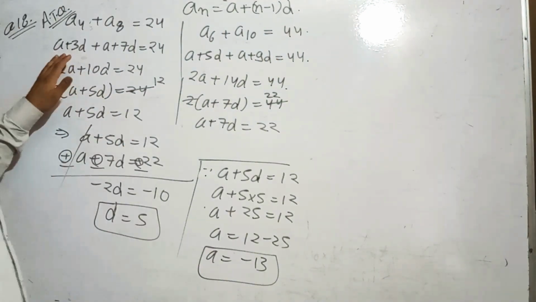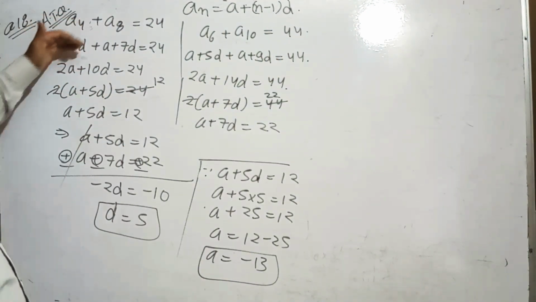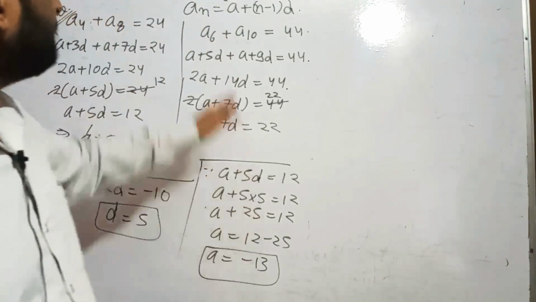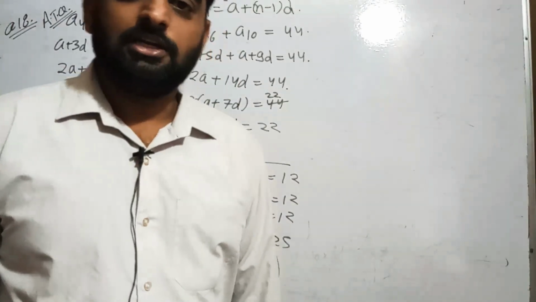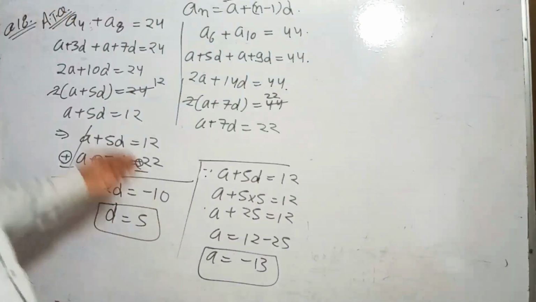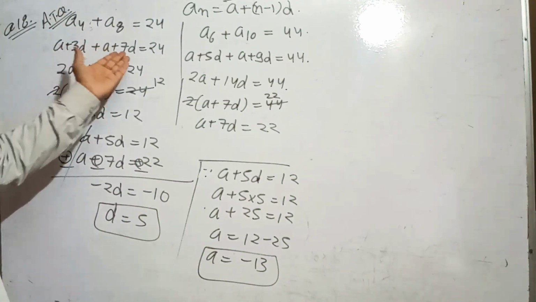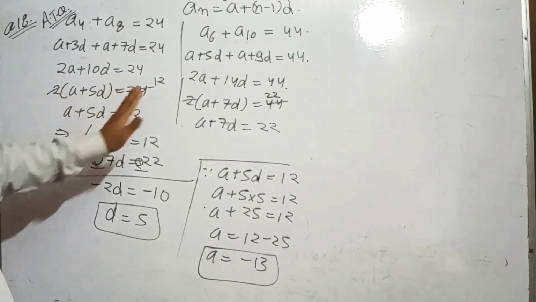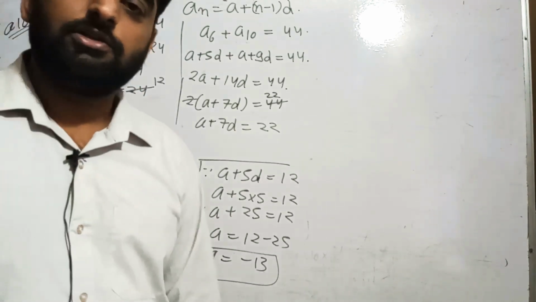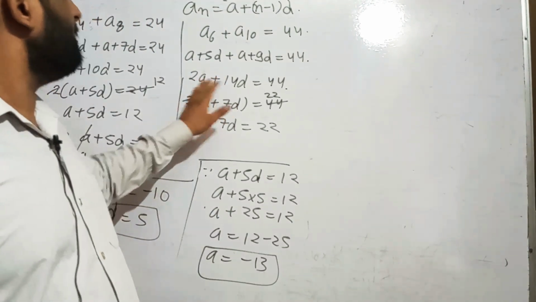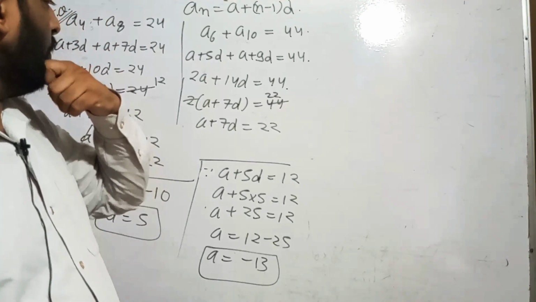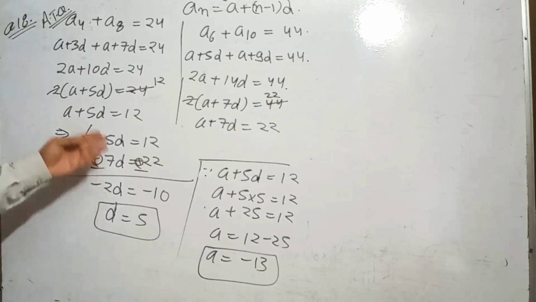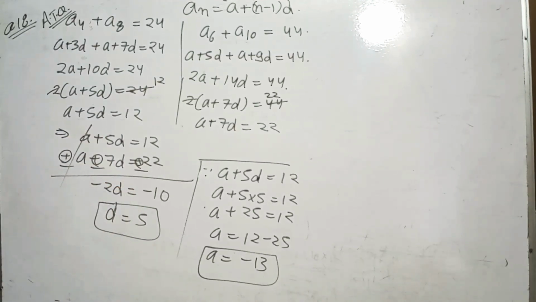We have to simplify it, students. a4 we write as a plus 3d, a8 as a plus 7d, equals 24, and a6 as a plus 5d, a10 as a plus 9d, equals 44. Now a plus a becomes 2a, and 3d plus 7d is 10d, equals 24. Taking 2 common, a plus 5d equals 12. Here 2a plus 14d equals 44, and taking 2 common, a plus 7d equals 22. Simplifying both equations, we get minus 2d equals minus 10, and d equals 5.